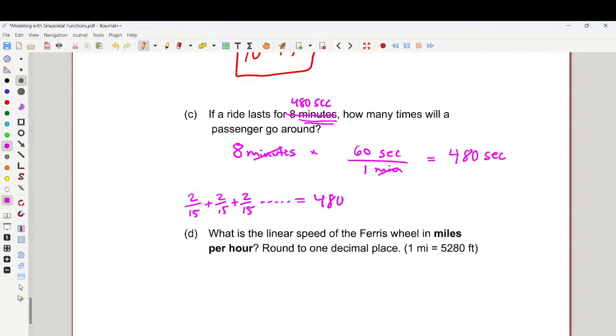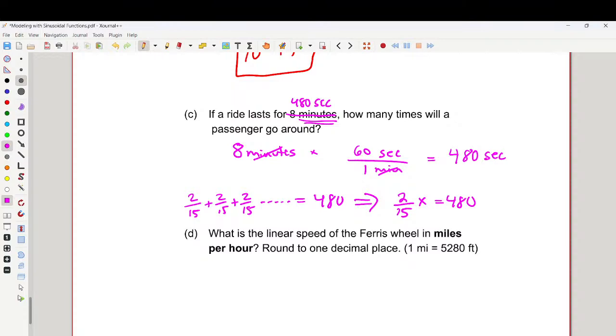And when I talk it out, I realize, oh, I can convert this to 2/15ths times something equals 480. This would be 1 time around. This would be 1 time around. This would be 1 time around. So how many times around till you get to 480? And then I can just answer this with the calculator.